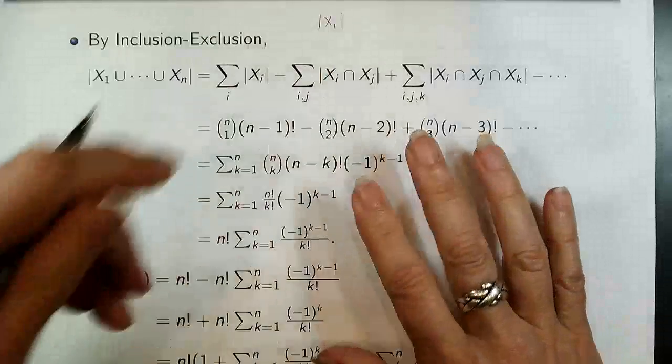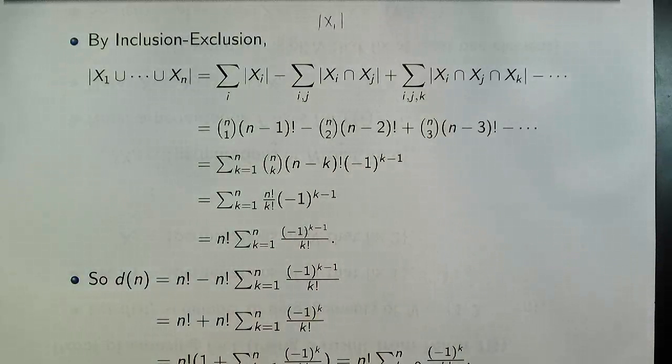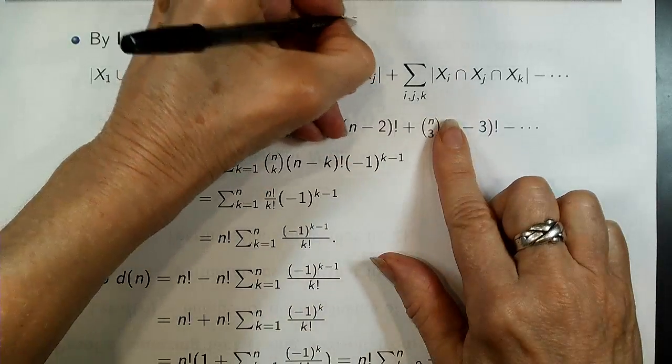Let's start with x1. If I've got n things, and I'm looking at all permutations that leave 1 where it is, 1's not moving, but 2 up to n. What are the number of permutations of 2 up to n? Very close, almost perfect. We've got n minus 1 elements, so it's n minus 1 factorial.